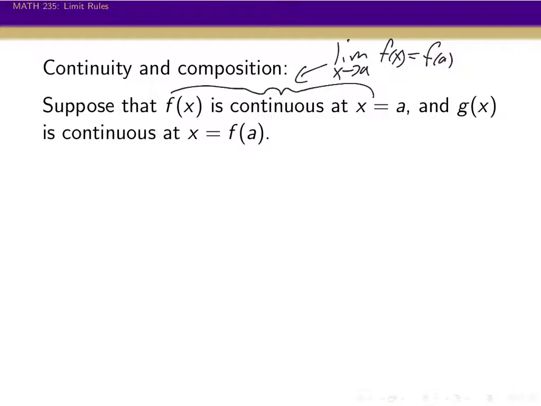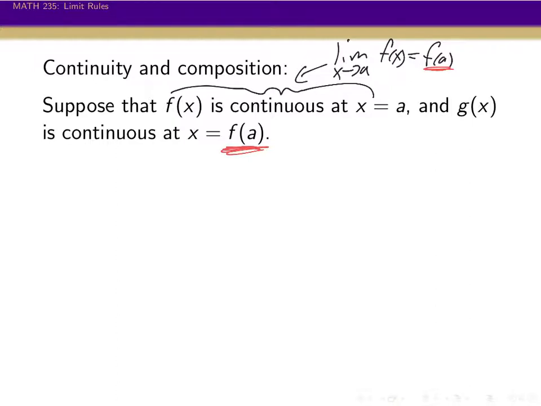And then let's suppose that g of x is continuous at x equals f of a. So the important thing to note here is that the x value for g of x is coming from the y value of f of x.